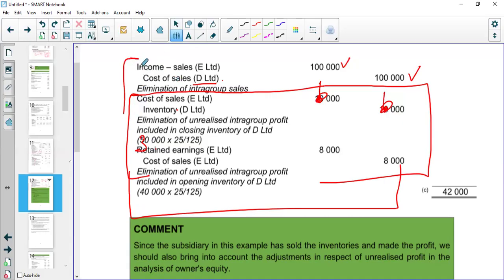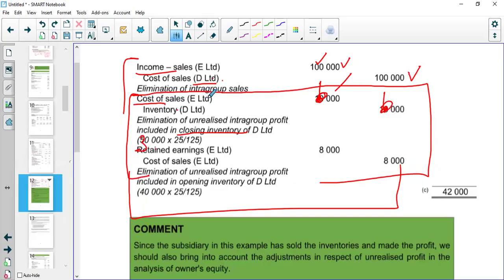Okay, so intragroup sales, you debit, intragroup cost of sales, you credit. Simple thing. Then, with regard to closing inventory, we need to increase the cost of sales. But this is the cost of sales of the seller.